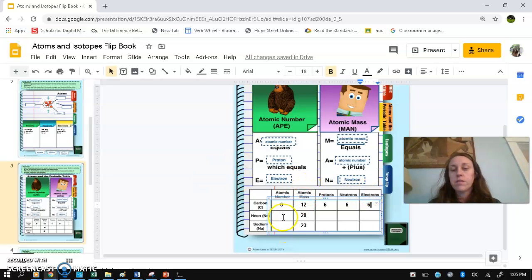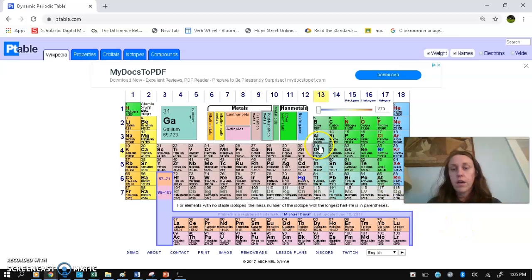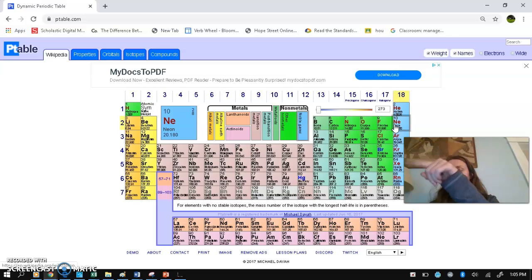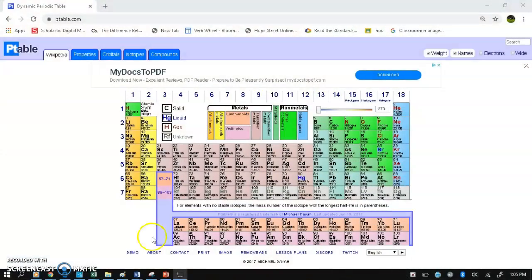So neon is, if I go look at my periodic table, where is neon? There's neon, and its atomic number, if you look on that top corner, is 10. Okay. Sorry guys. So it is 10.